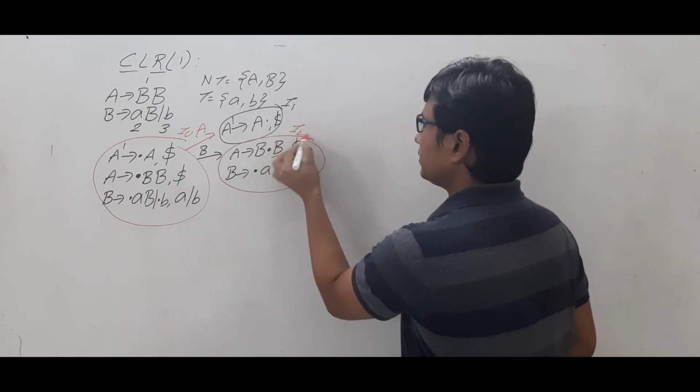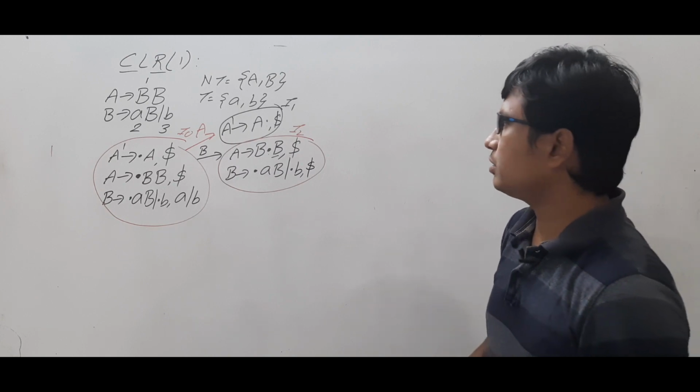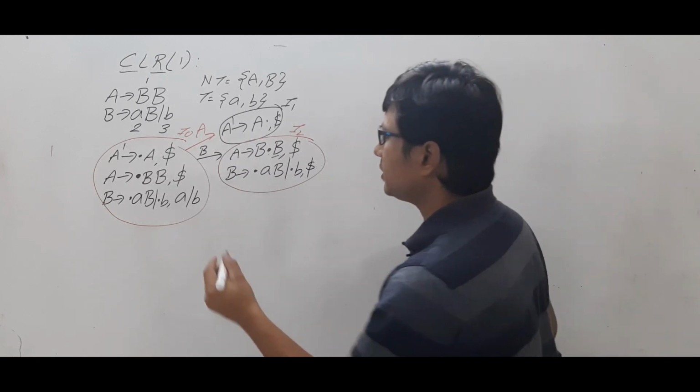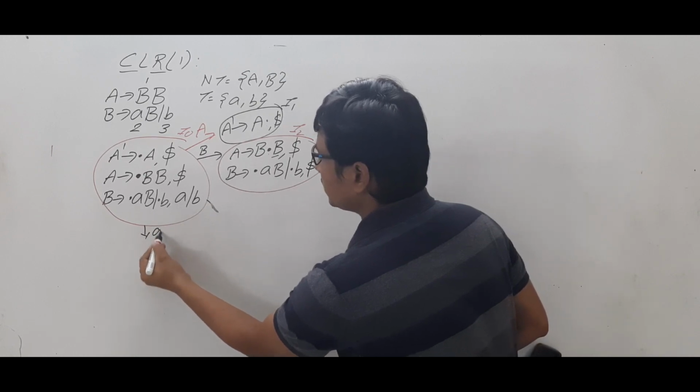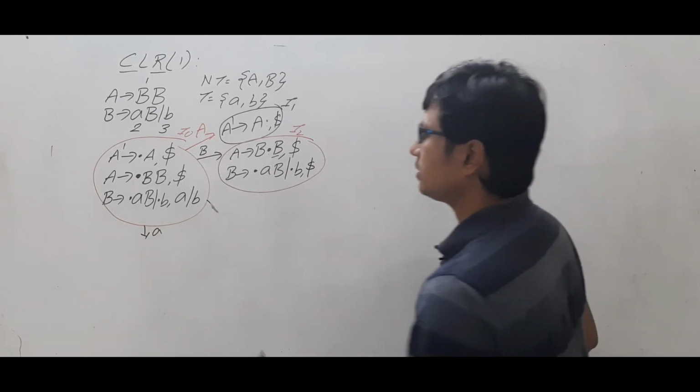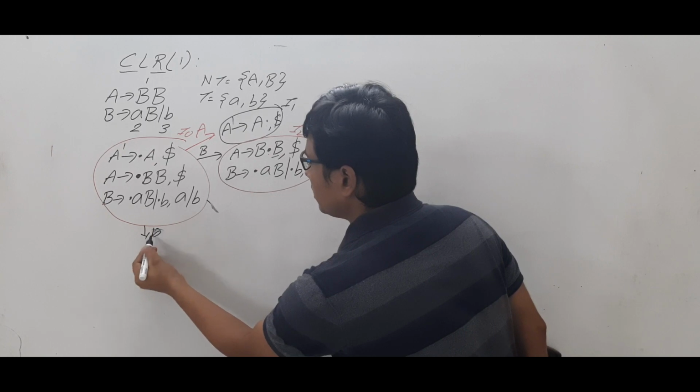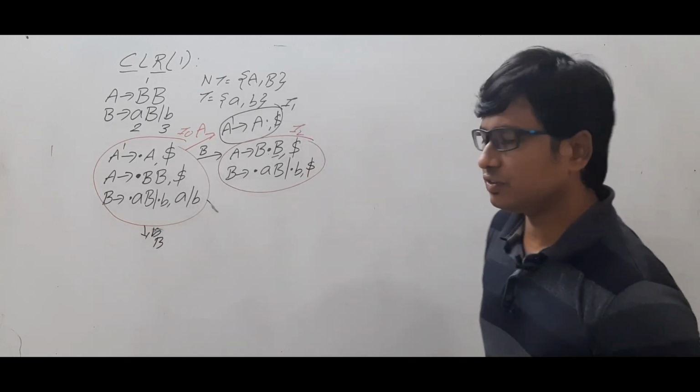Let me write it. Okay, is it clear? Are you able to understand it or not? Similarly on small a, let me write here so that I can use the space efficiently.